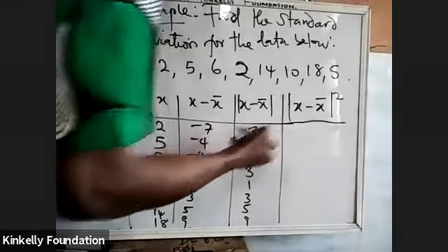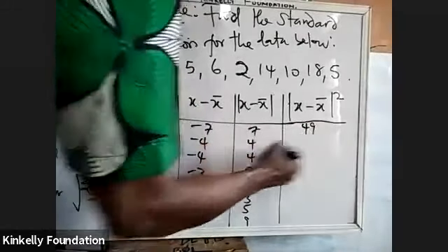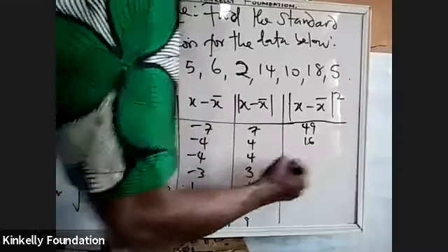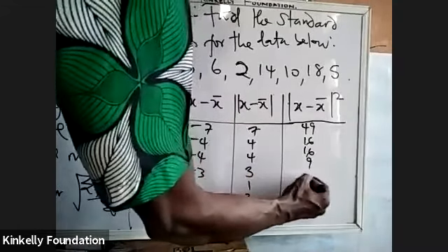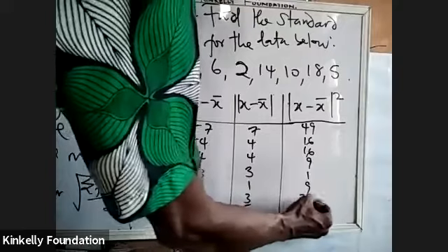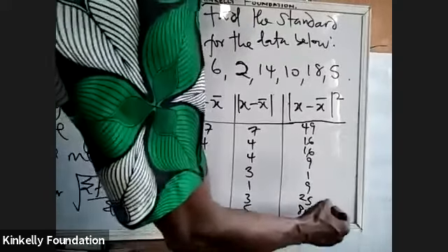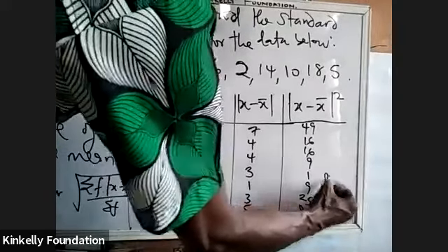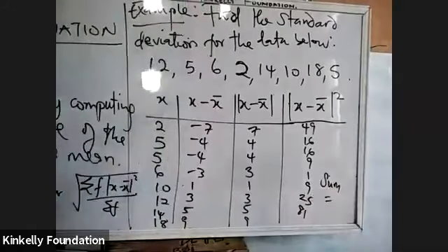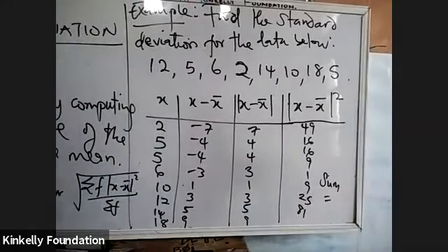Now, square each of these, and you have 49, 16, 9, 1, 9, 25, 81. Now, the summation here is what? Sum them apart and you get your value.